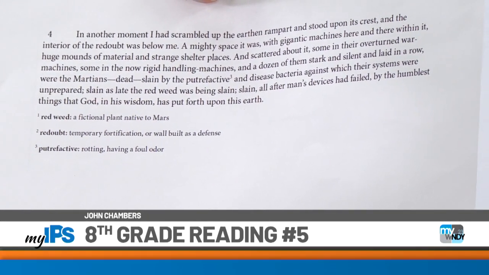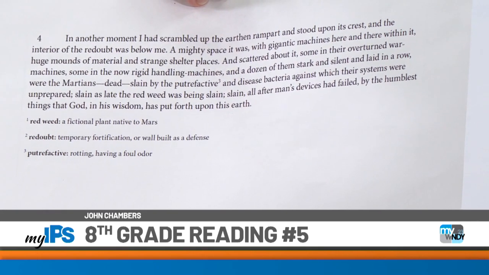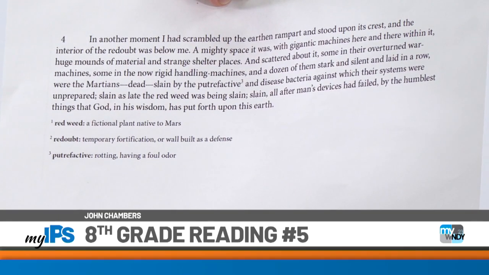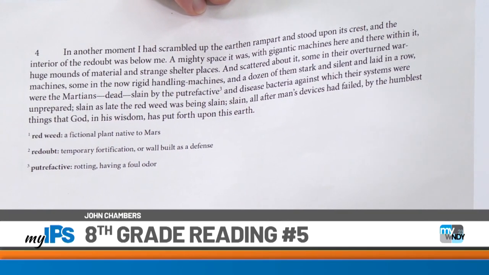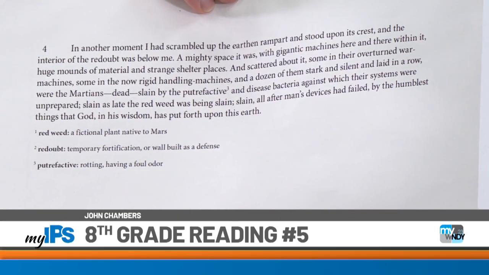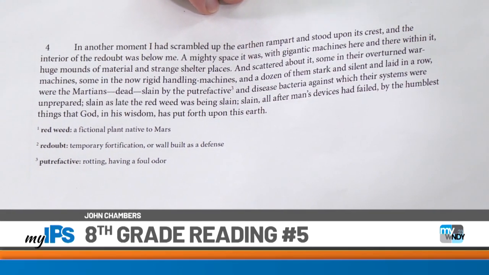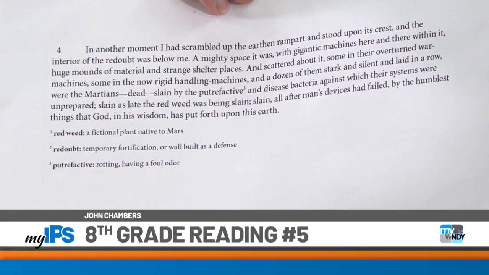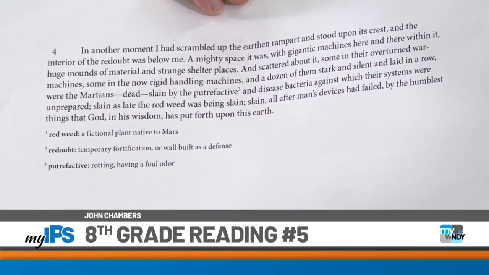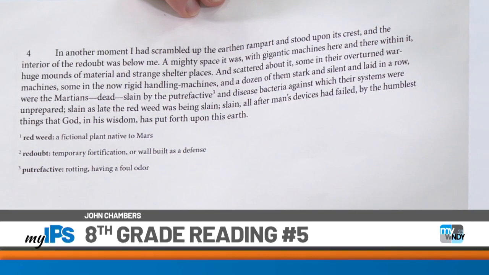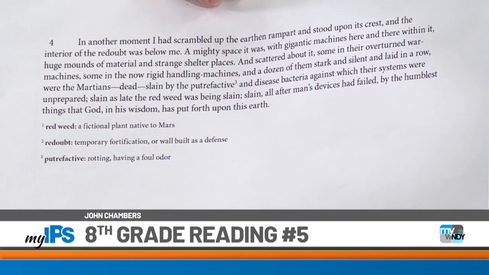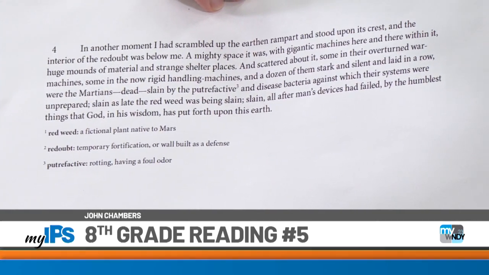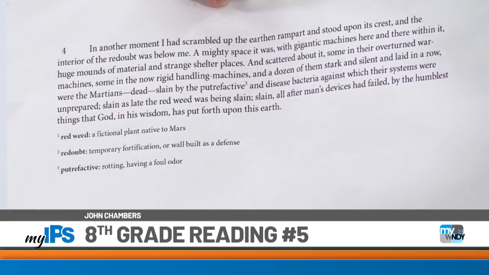And scattered about it, some in their overturned war machines, some in the now rigid handling machines, and dozens of them stark and silent, and laid in a row, were the Martians, dead, slain by the putrefactive and disease bacteria against which their systems were unprepared. Slain as the red weed was being slain, slain after man's devices had failed, by the humblest things that God in his wisdom had put forth upon this earth."